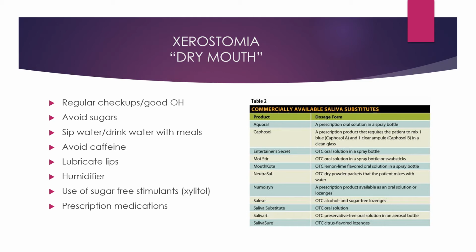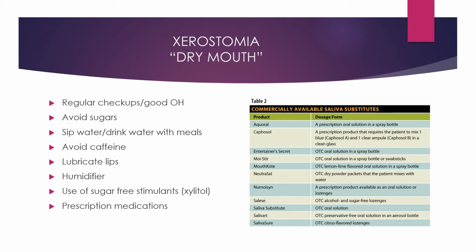Xylitol is one of those naturally occurring sugars that will not promote the growth of oral bacteria, and indeed seems to have some sort of protective properties. Also, it's good for diabetics because it does not cause sugar spikes in their blood sugar.